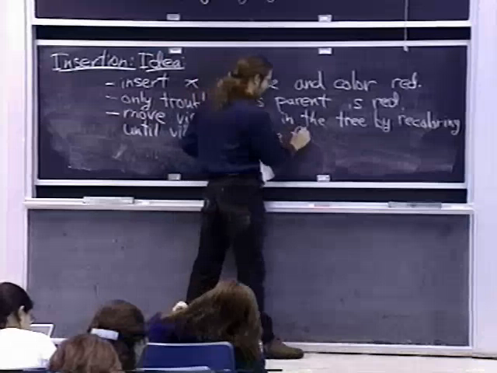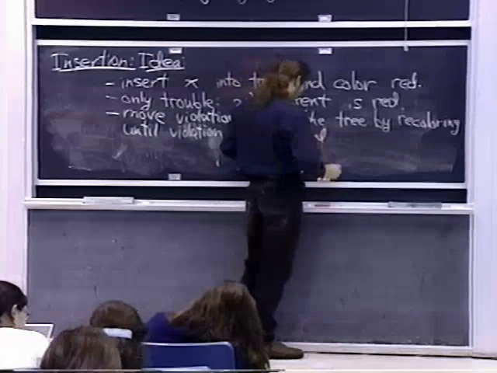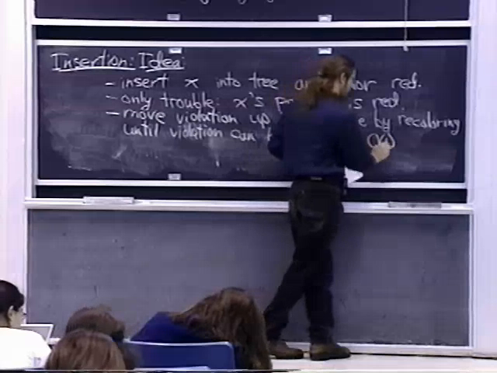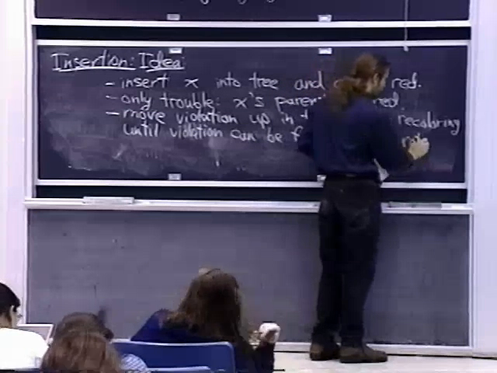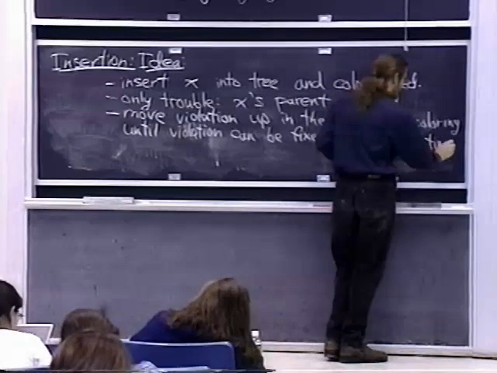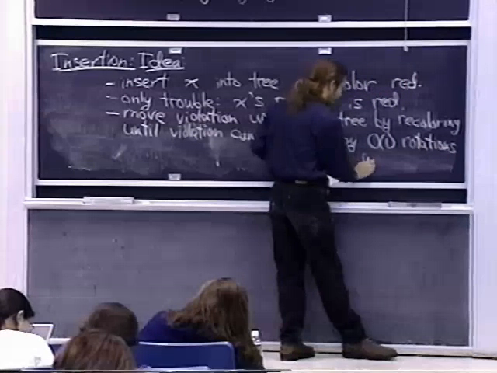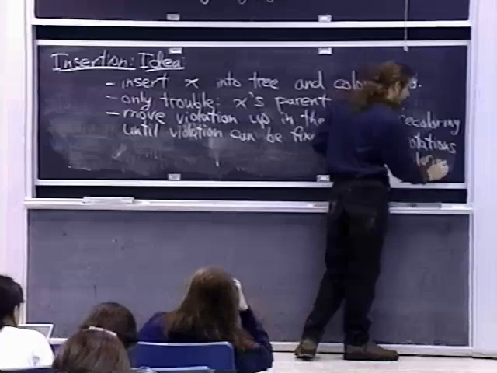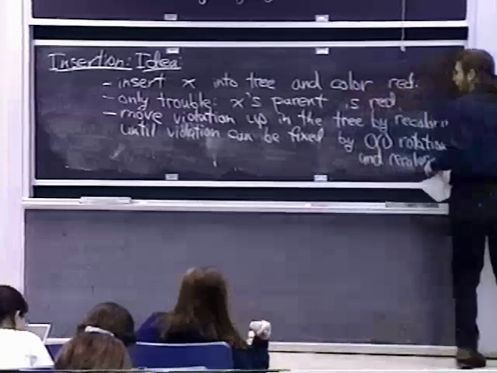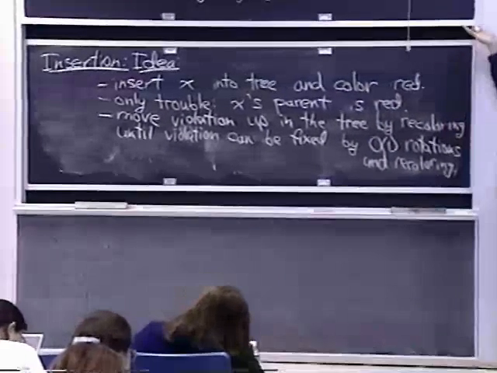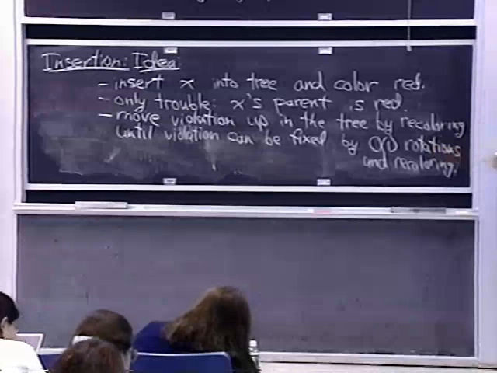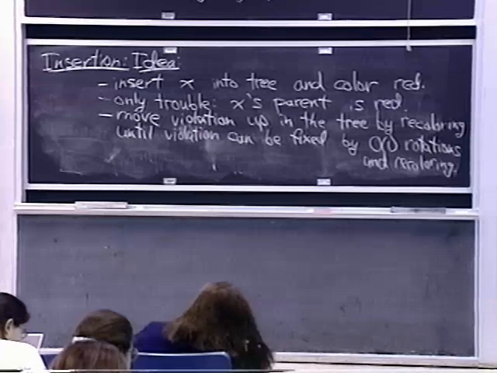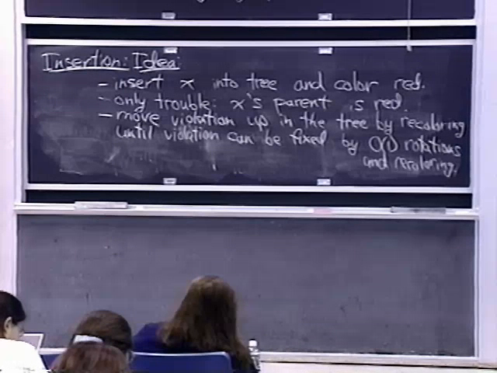It should not be obvious yet when this happens, but we'll see it soon enough. So the idea will be, once we get high enough, we'll do some recolorings to move the violation up. Then eventually, we only need a constant number of rotations, 2 rotations, and we'll be done. So that's good. Let's look at an example.